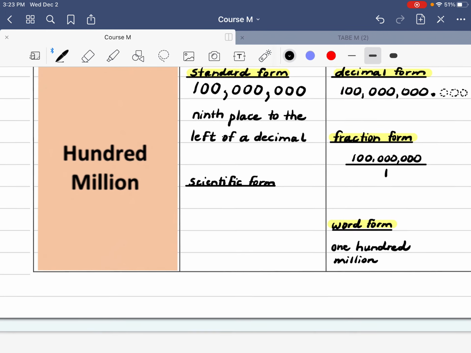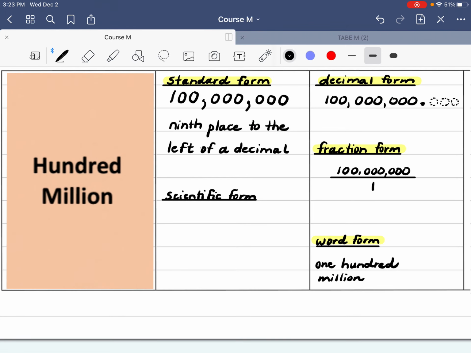To write this number in scientific notation, I'm going to take the 1, and to do scientific notation, you always say times 10 because our number system is based on tens. So I take whatever digit is in the 100 million seat, it's a 1, so I put that there.